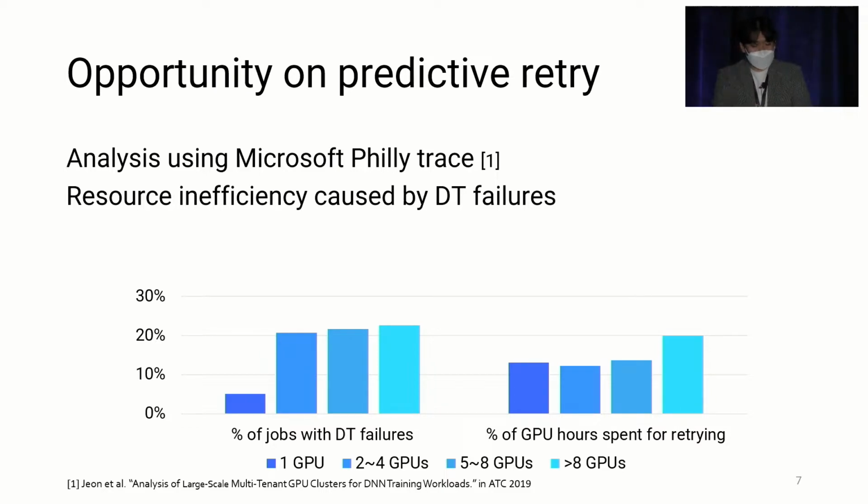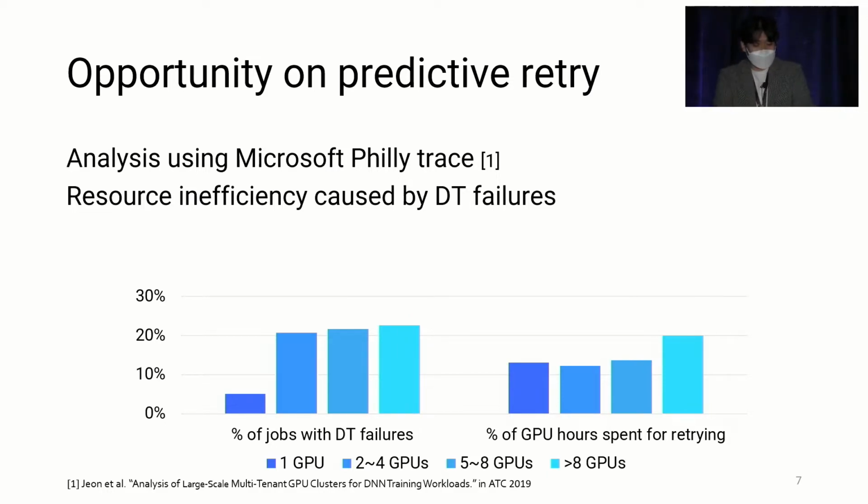Because of the time constraint, I won't explain the trace itself in detail, but from the trace, you can see how many jobs experience DT failure and what is the portion of GPU hours used for retrying those DT failures. They are shown in the left and right figures respectively. The x-axis shows the number of GPUs requested, and the y-axis shows the portion of corresponding failed jobs for the requested job size.